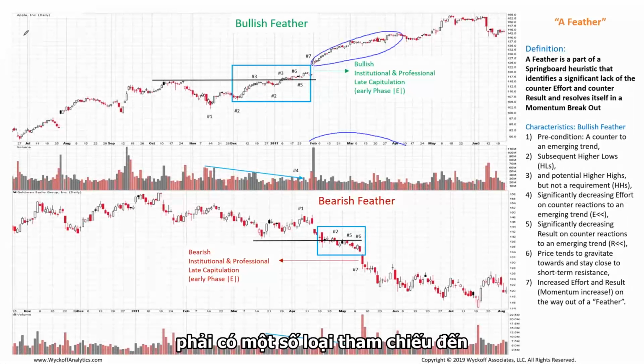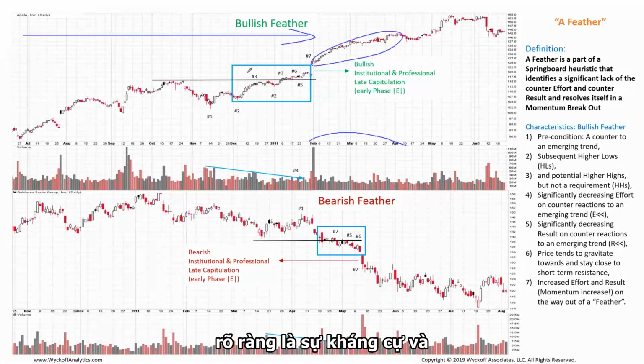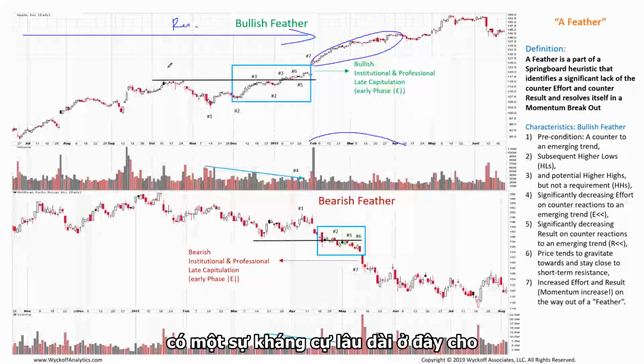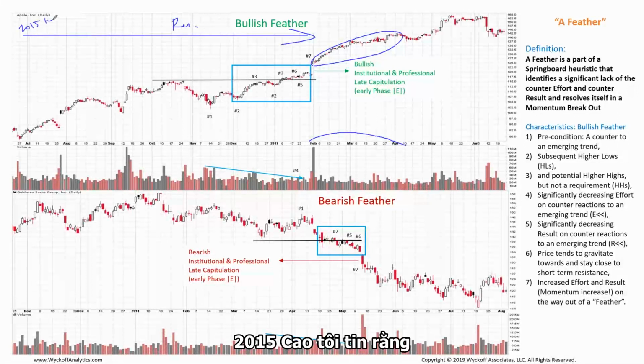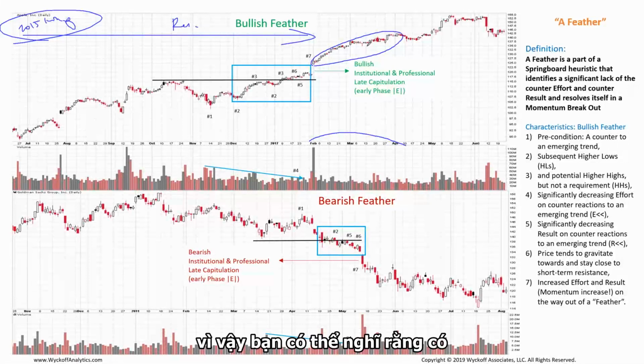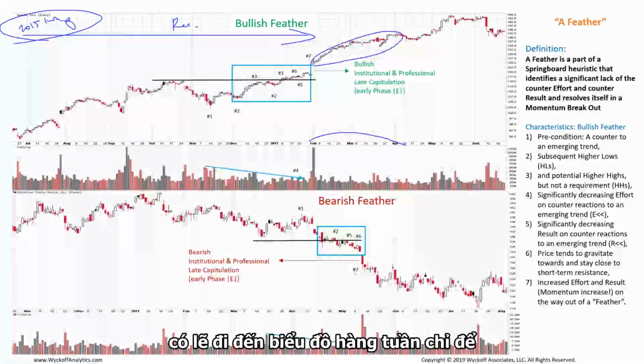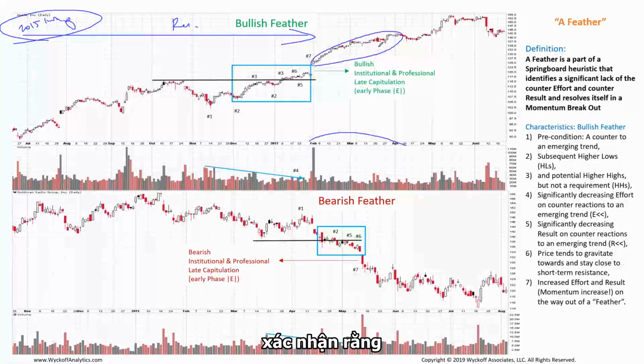Well, we have to have some kind of reference to the resistance, and there is a long-term resistance here for Apple that we've seen off the 2015 high, I believe. Yes. So you could think that the price kind of does this. I would probably go to the weekly chart just to confirm that.